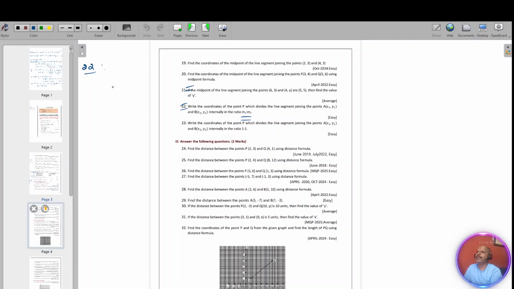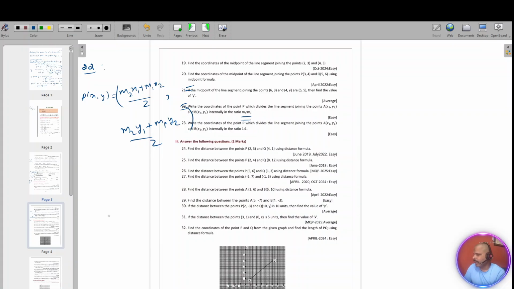So the formula here becomes: coordinates of the point P which divides the line segment, remember this is the one, P of xy is equal to m1 is to m2 they said, right? m2 x1 plus m1 x2 by m1 plus m2, comma m2 y1 plus m1 y2 by m1 plus m2.